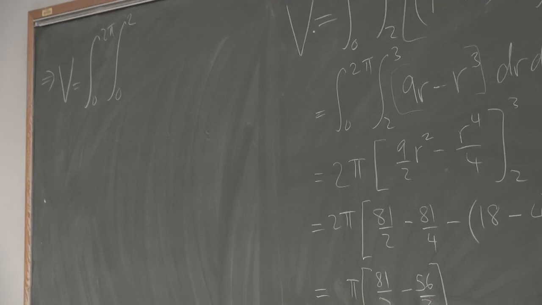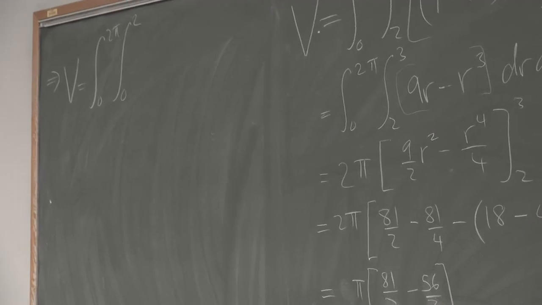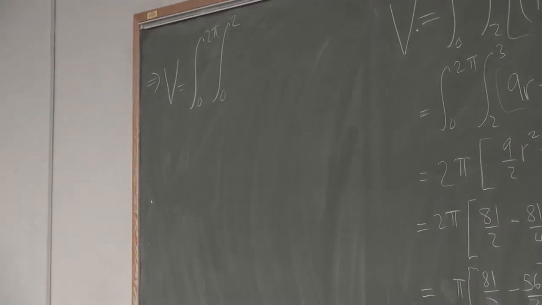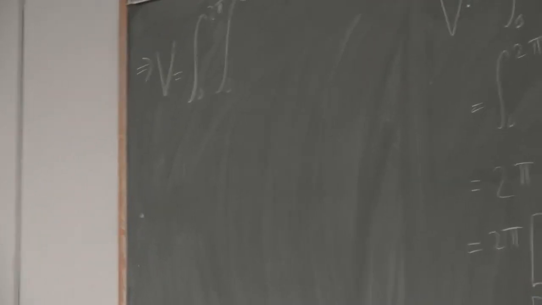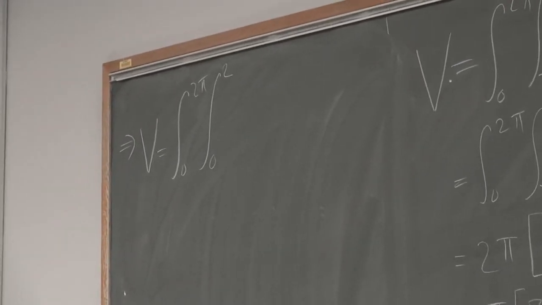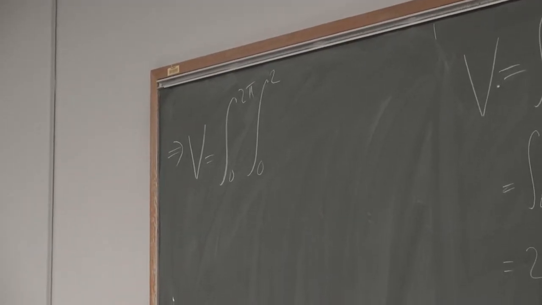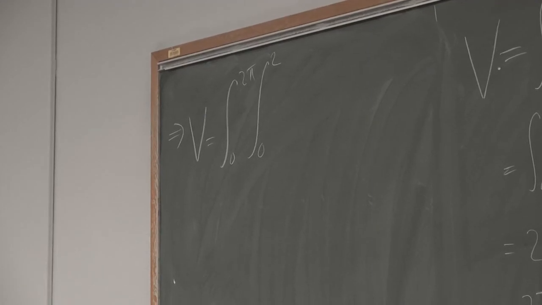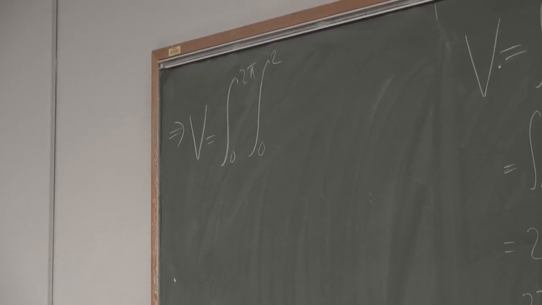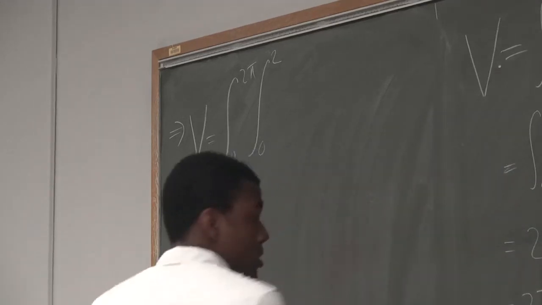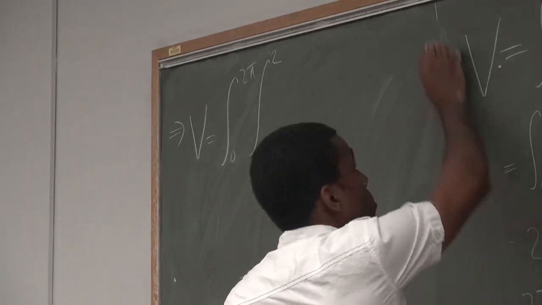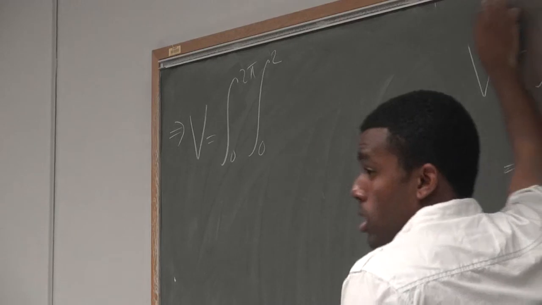It's this circle. Because we want to find the volume of this thing. So the volume is what here?